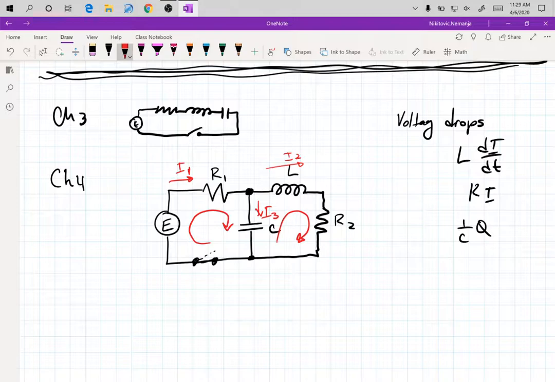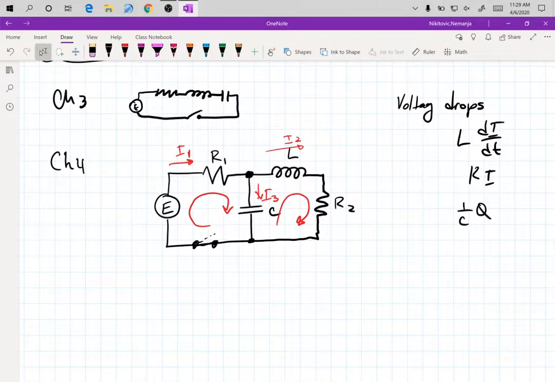Now, if you want to do detailed analysis, we can focus on only one of these currents. So the current across the capacitor here, because this capacitor will be powering this device over here once the circuit is shut off. So we can only focus on I3. So I can just call that one capital I, because that would be the only current that I am actually interested in.